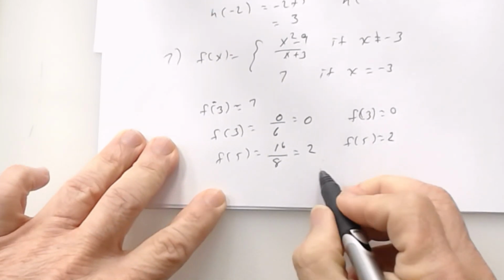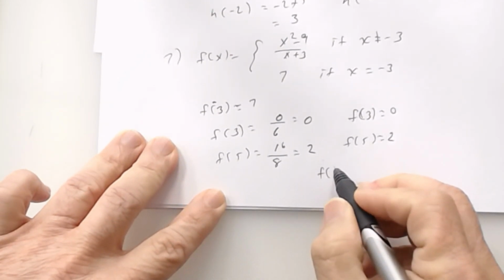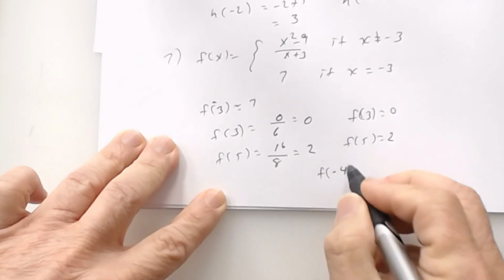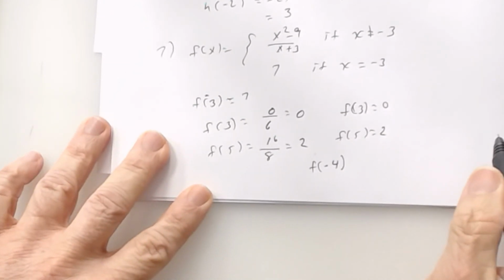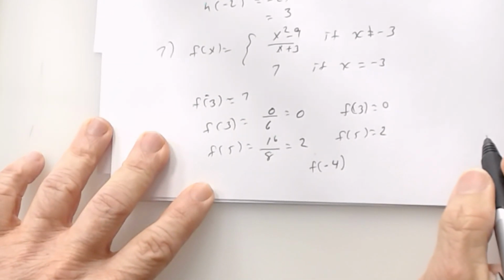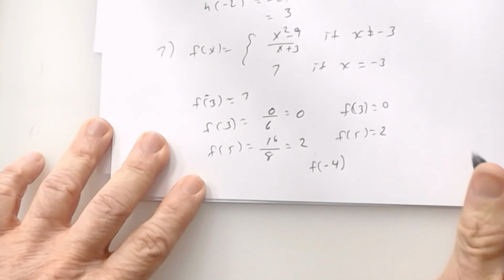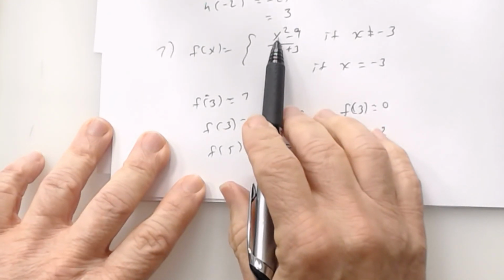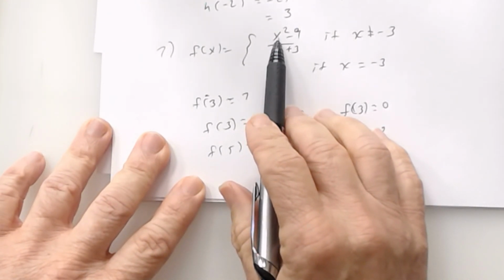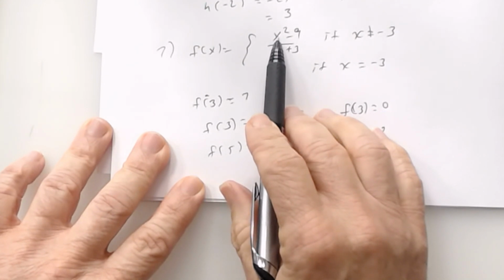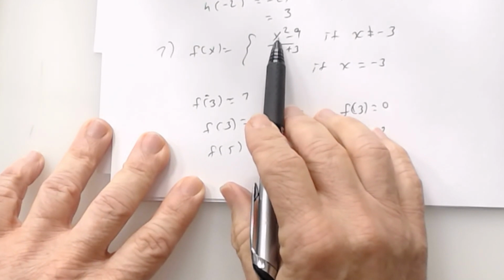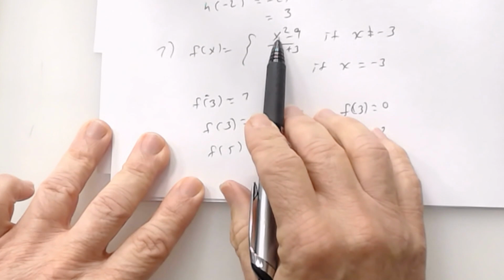All right, let's suppose I want to find f of negative 4. Which one do I use? All right, now what's negative 4 squared? Positive 16. Negative 4 times negative 4 is a positive 16, not a negative 16.